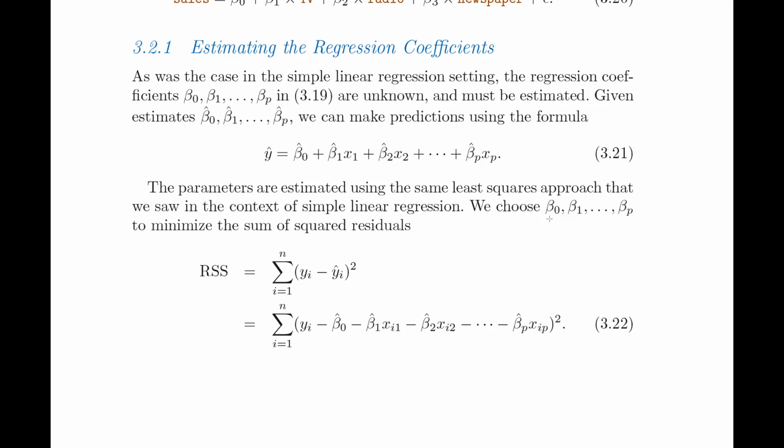We choose a beta naught hat value for beta naught, a beta 1 hat value for beta 1, until a beta p hat value for beta p, to minimize the sum of squared residuals. This is based on your training data, for your n observations, and I think in this advertising data set we have 200 of them. You know the sales output for each observation.